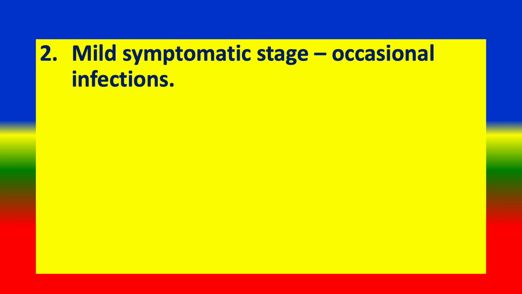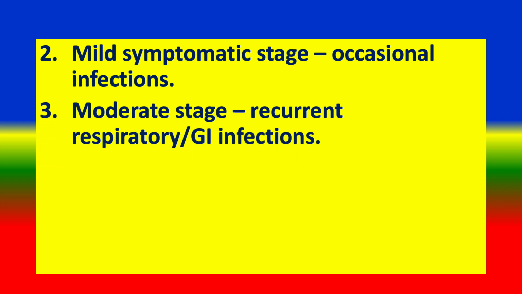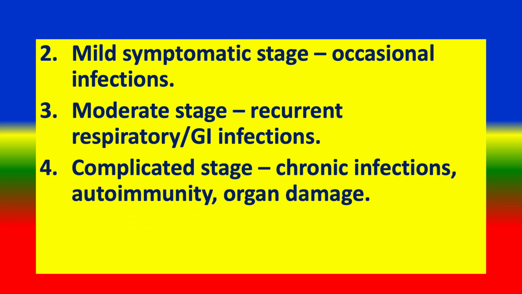Mild symptomatic stage: occasional infection. 3. Moderate stage: recurrent respiratory and GI infections. 4. Complicated stage: chronic infections, autoimmunity, organ damage.